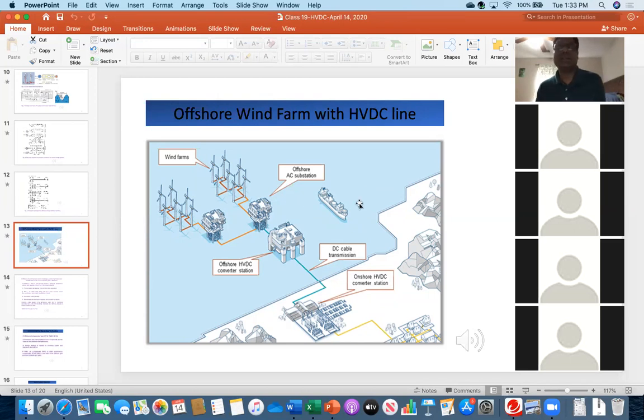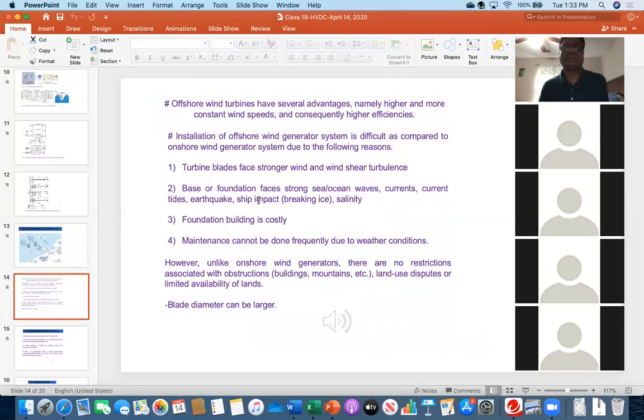So the first question, a great question, is what are the benefits of having this offshore wind farm system over the onshore system? In the next slide I have written several bullet points for you.